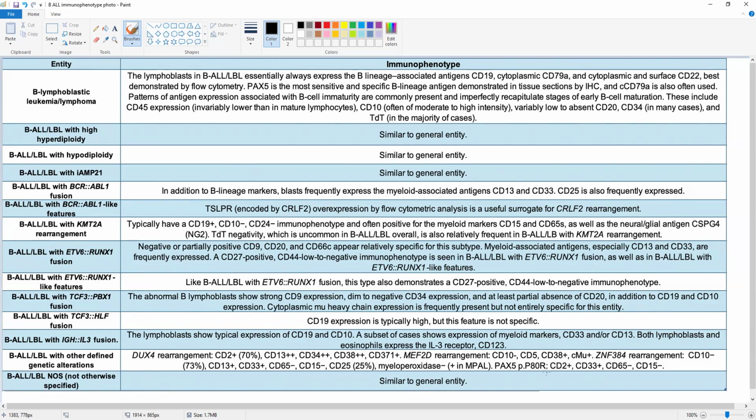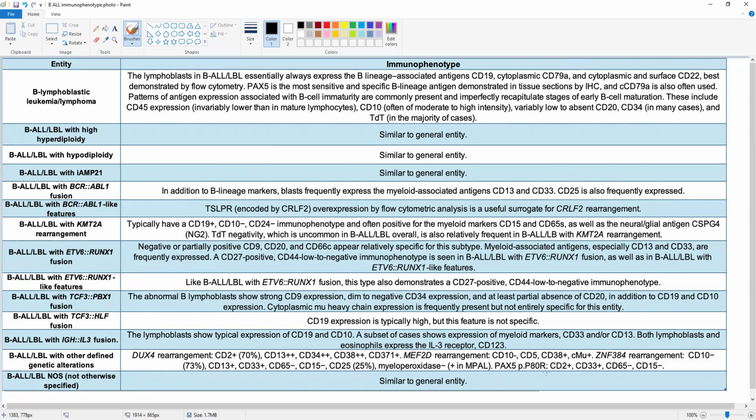In this general immunophenotype, you want to see markers associated with B-cell differentiation, like CD19, CD22, and CD79A. And if you're dealing with tissue sections, then PAX5 as well. You want to see markers associated with immaturity in general, like dim CD45 expression and positive CD34 expression.